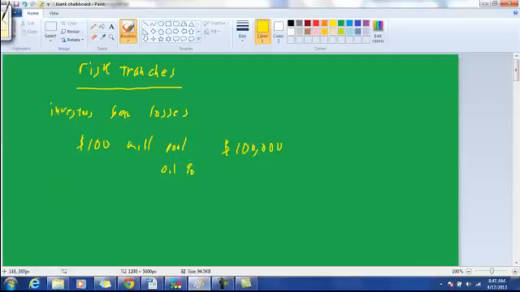What tranches do is they create an uneven distribution of losses. So in this example, we could have one class of investors that takes the entire loss.